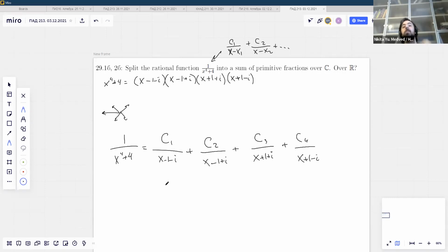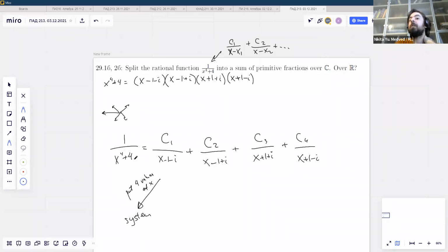Yeah, okay. So there are kind of two different approaches. One approach is to put four different values of x into the left-hand side and the right-hand side. Put four values of x, and then we get a system.